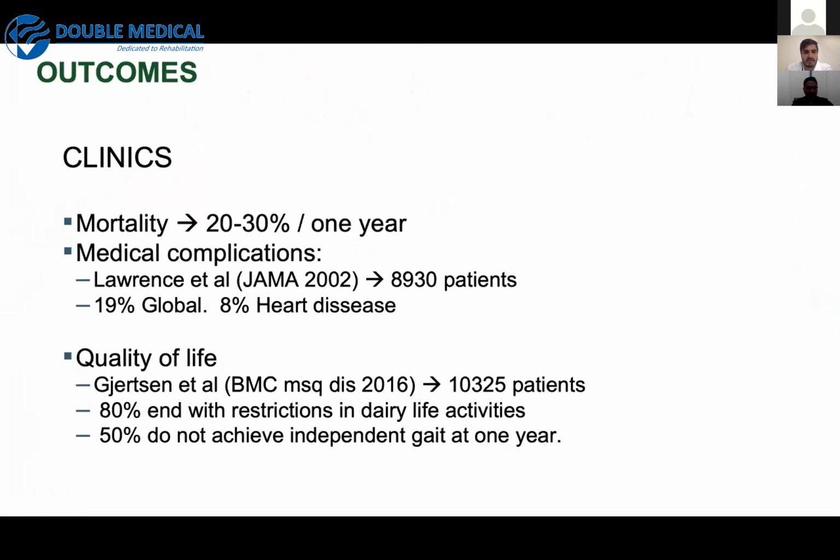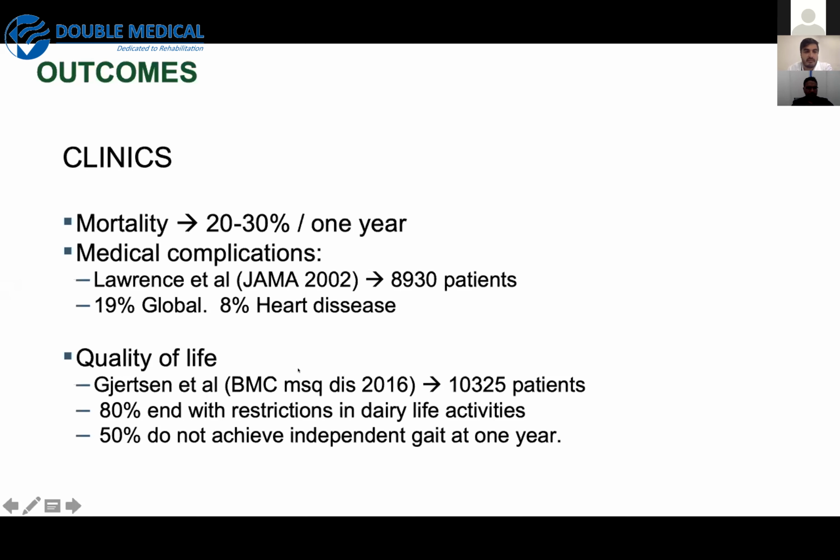Most medical complications, such as heart disease, are important in our patients, and they also have problems with quality of life. 80% end with restrictions in daily life activities, and 50% do not achieve independent gait at 1 year.